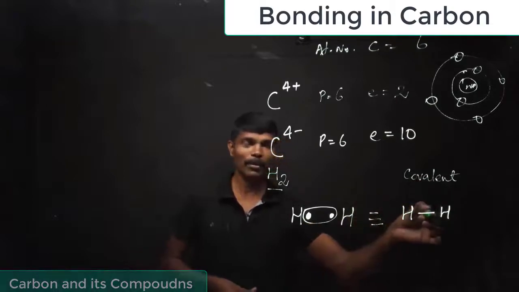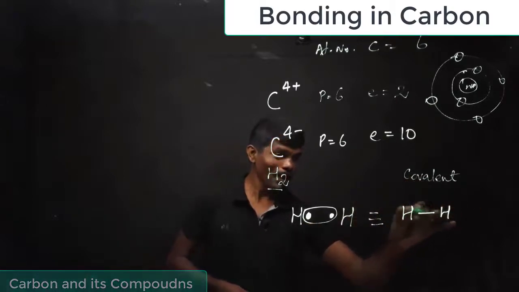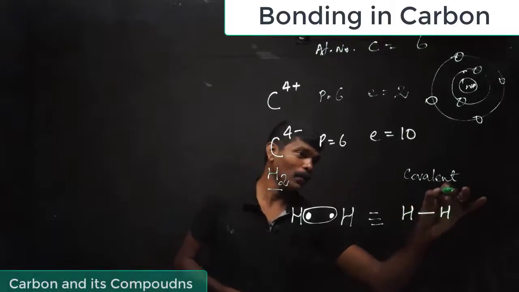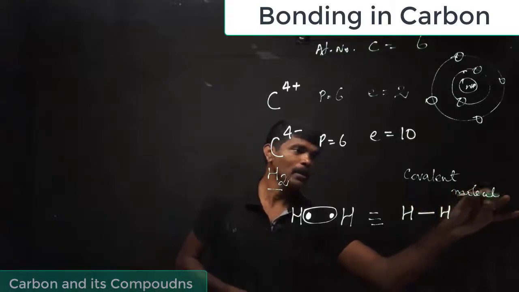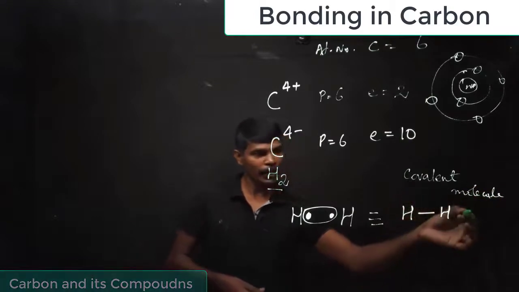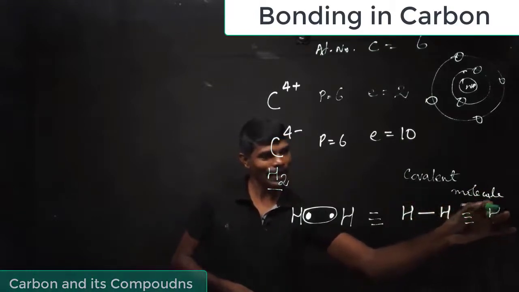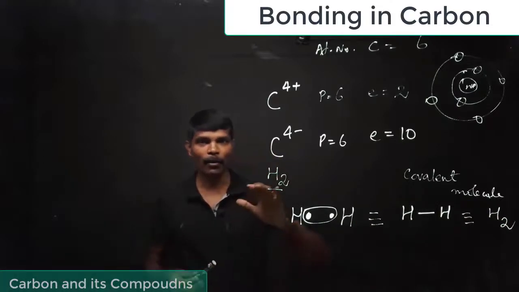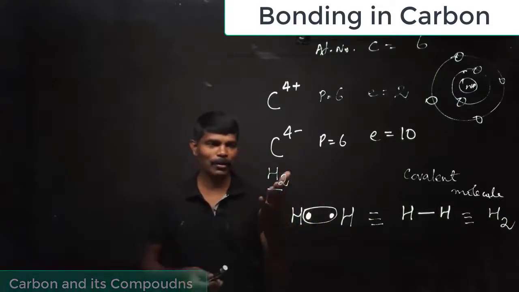Here the hydrogen molecule is formed, so the bond is a covalent bond, and the molecule so formed we call a covalent molecule. Got it? In its molecular formula we can write it as H2. So this way we can understand the covalent bond, or sharing of electrons, between the 2 species.